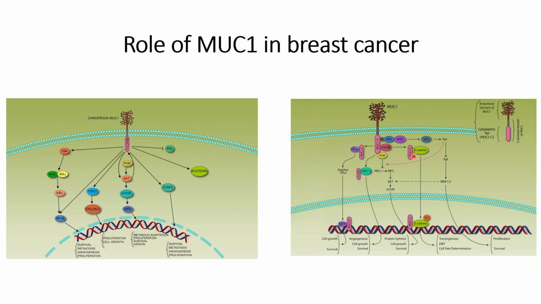The other thing is that Muc-1 interacts with GSK3 beta, and this complex then interacts with beta catenin, and this will lead to upregulation of the factors that are involved in EMT, that is epithelial to mesenchymal transition, or fate determination, or tumorigenesis. That is, it will generate pro-tumorigenic properties.